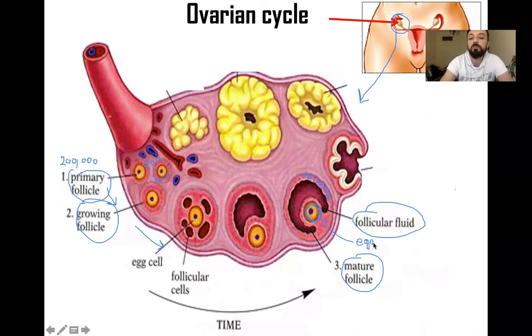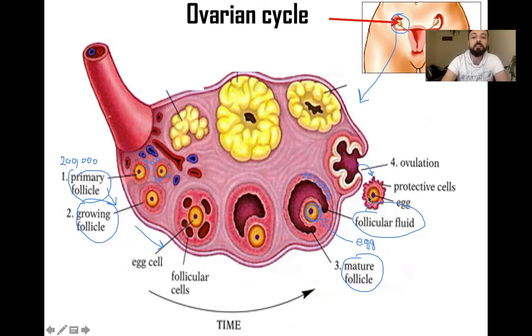Right. So what will happen after full maturation? What gets released? Very good. This egg has to be released, meaning that the follicle must rupture. As you can see here, the follicle ruptures and releases the egg. We can say it spits the egg, but it releases the egg.